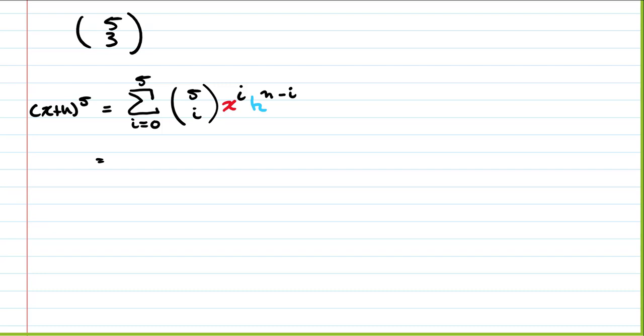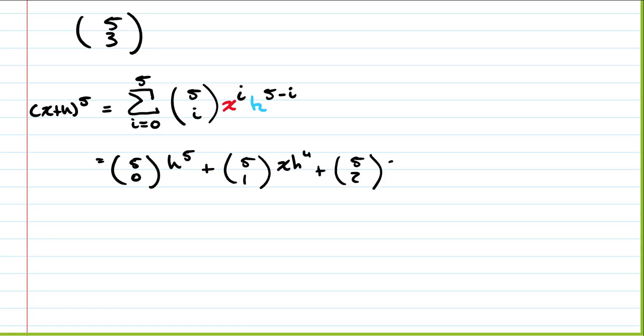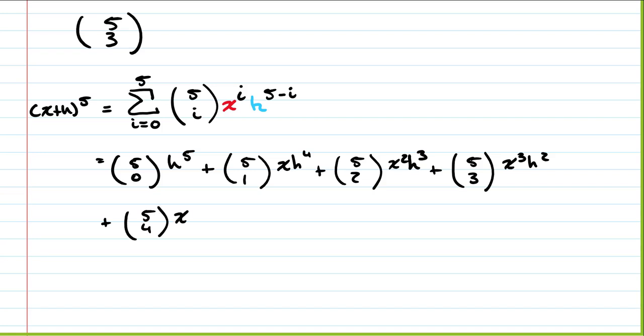This is equal to 5 choose 0, x to the 0 is 1, and in this, our n was 5, so we get h to the 5th, plus, when i equals 1, we get 5 choose 1, x, h to the 4th, plus 5 choose 2, x squared, h cubed, plus 5 choose 3, x cubed, h squared, plus 5 choose 4, x to the 4th, h, plus 5 choose 5, x to the 5th.